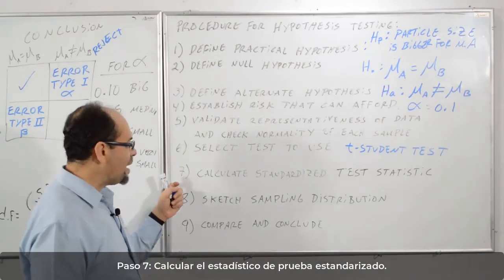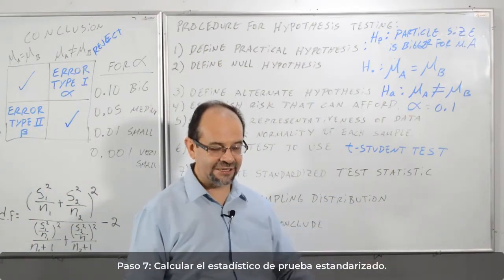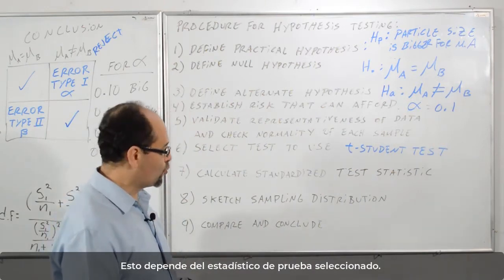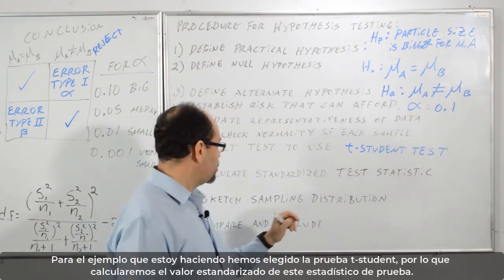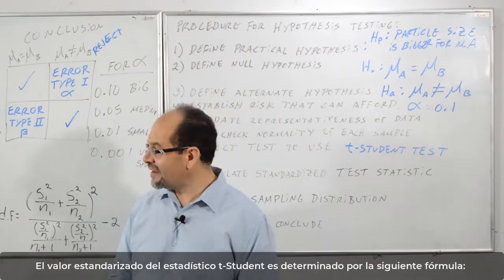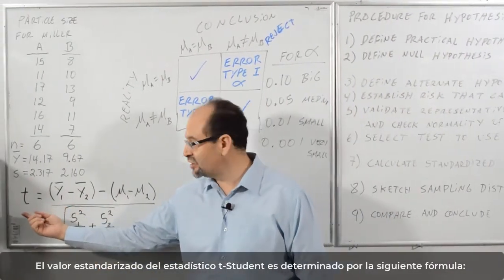Now, next step, calculate standardized test statistics. It depends on what test I'm using. Of course, since I have selected the t-student test, I will be using the standardized test statistic for t-student, which is given by this formula.